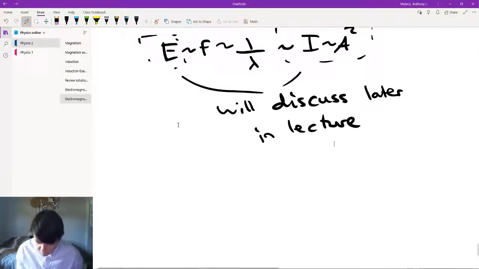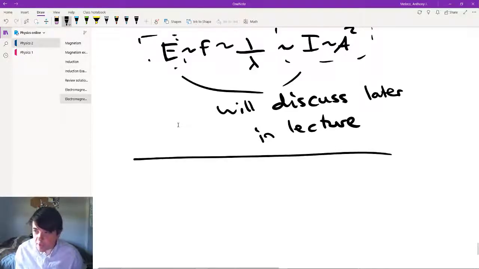So, let's keep going. We're still not done talking about waves. So we've talked about mechanical waves and E&M waves. They can both propagate in two different ways.